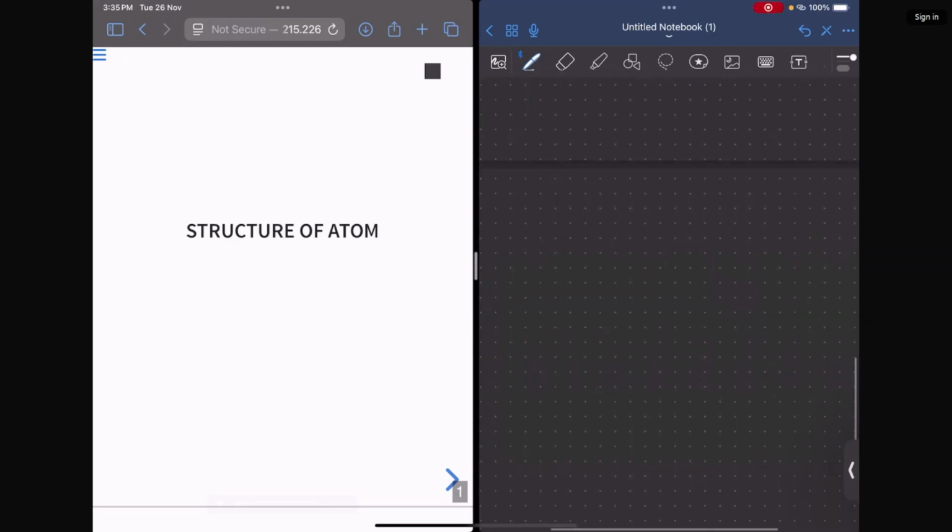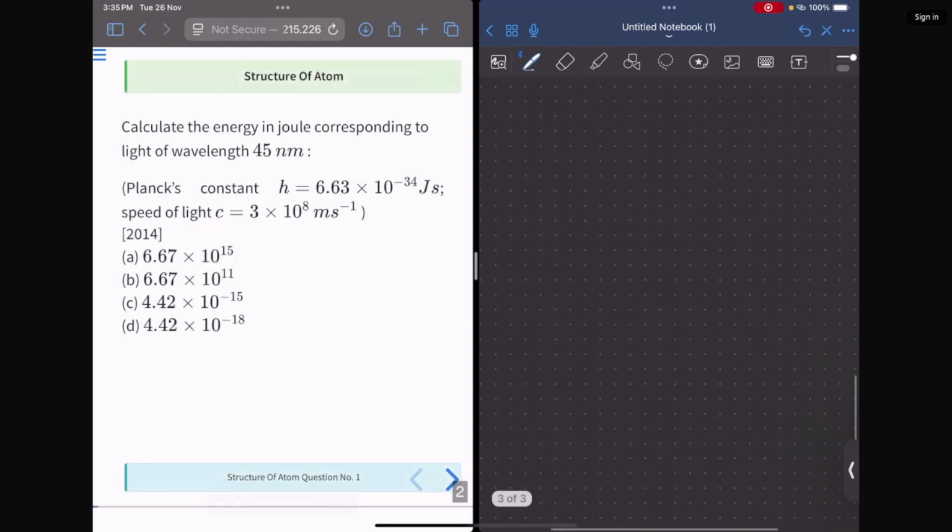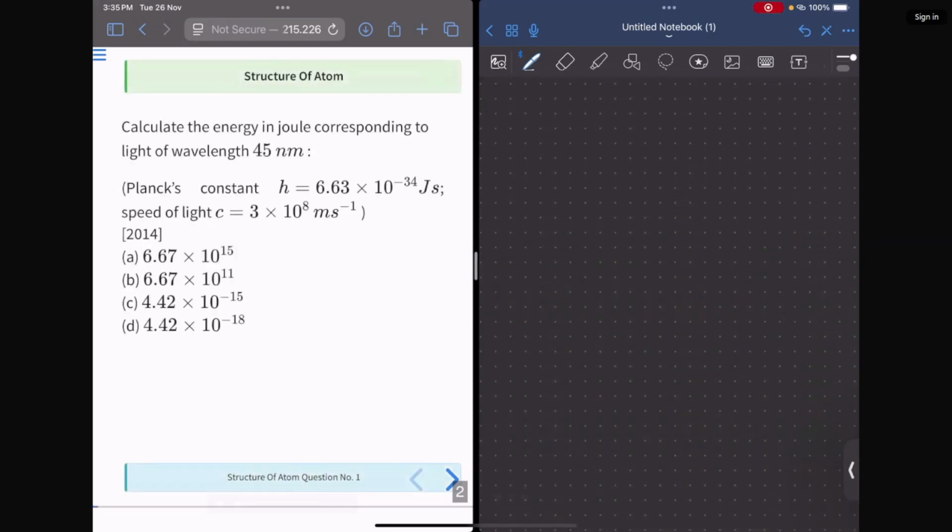So let's start with the first question. The first question says: calculate the energy in joule corresponding to light of wavelength 45 nanometer. So it is asking for the energy of the wave.